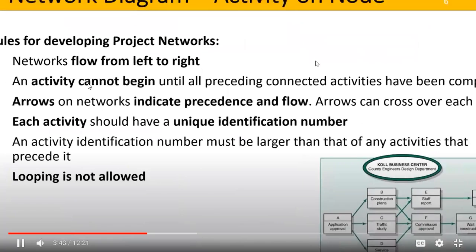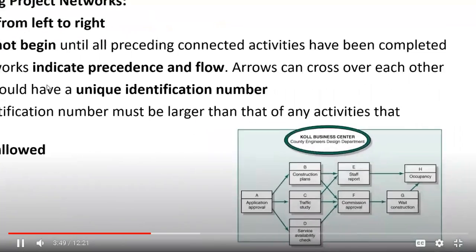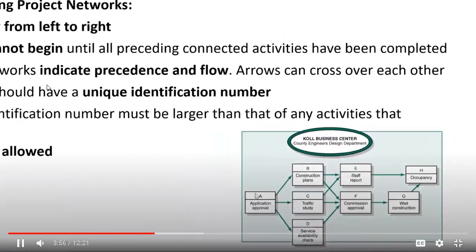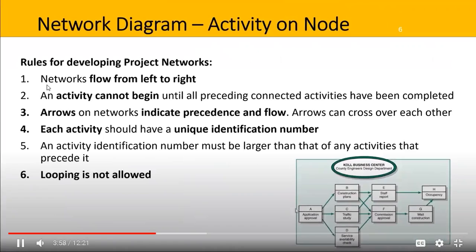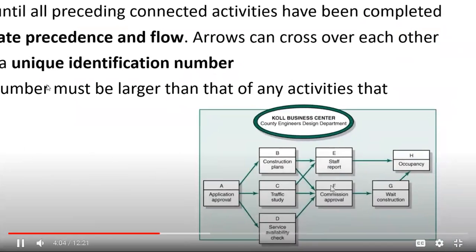So there are some rules for developing project networks. First of all, the network flow is from left to right. In the image here, we can see all of the arrows flow from left to right. An activity cannot begin until all preceding activities have been completed. So let's take F here, the commission approval.